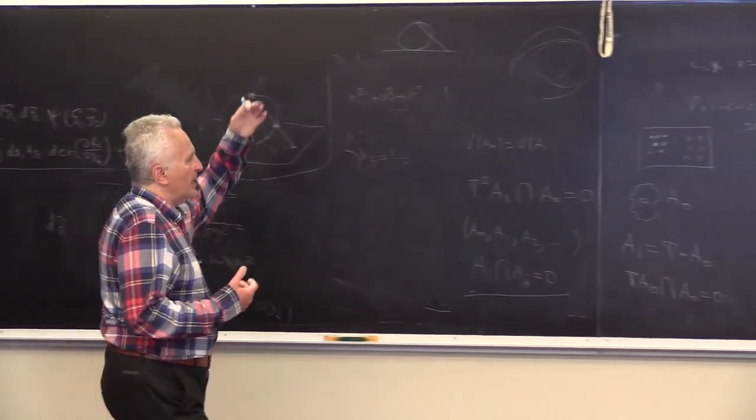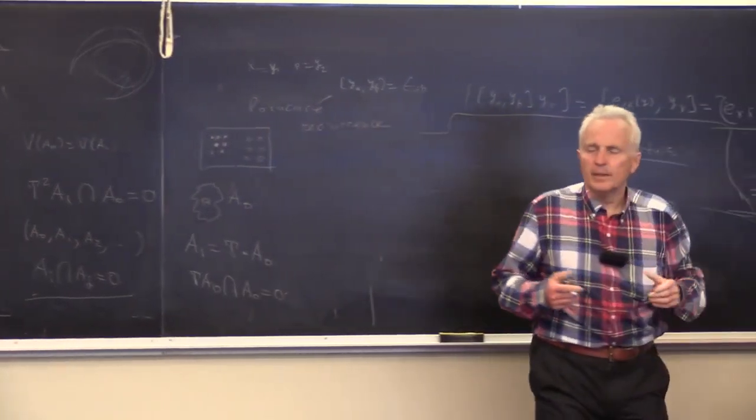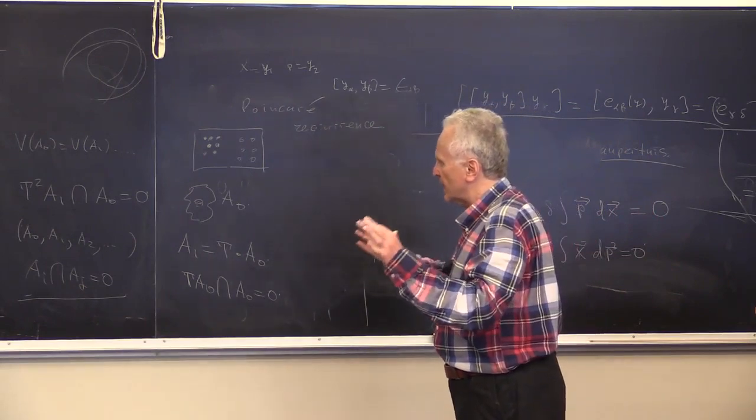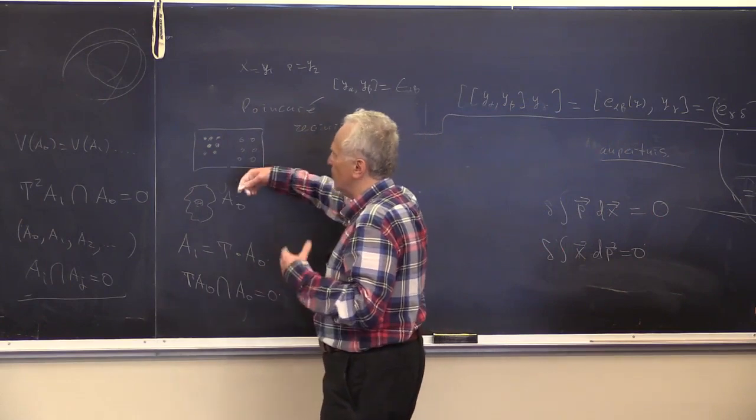There was quite a dramatic controversy when this theorem was discovered. There was another mathematician, Zermelo, who attacked Boltzmann and said that it's incorrect.